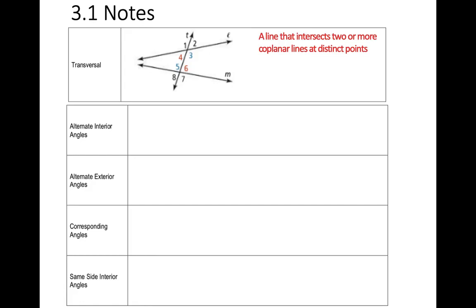Now, when we do this, there are two different areas in this I want to talk about. The first is what's called the exterior. Okay? The exterior is the part that is not in between those lines. And so we would say that in this example, angle 1, angle 2, angle 7, and angle 8 are all exterior angles.